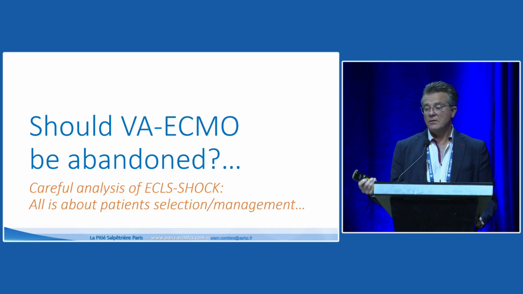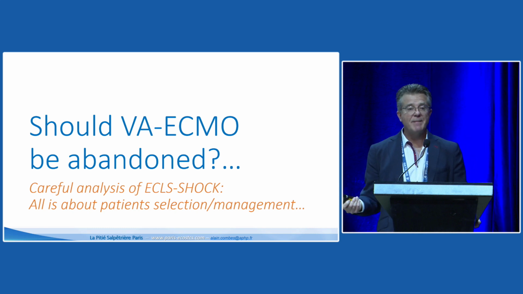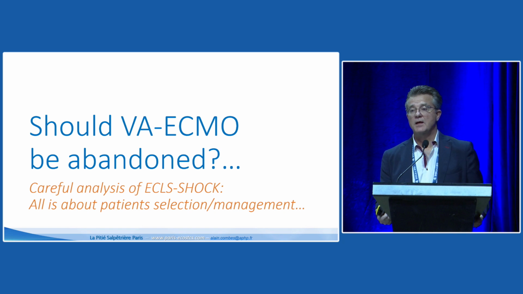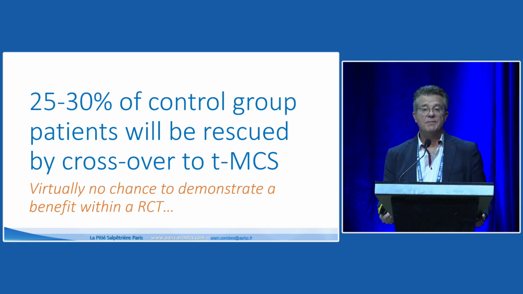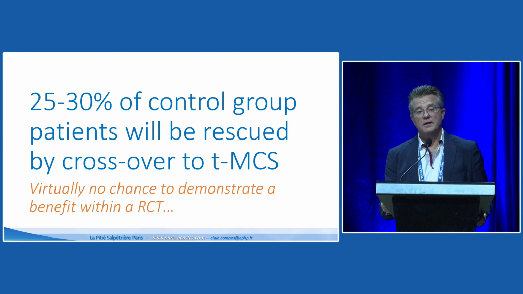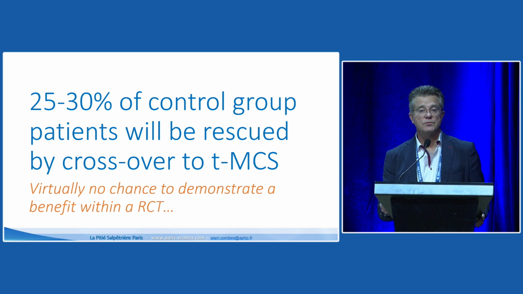But once again, should we abandon ECMO for the care of patients who have acute MI cardiogenic shock? We need to always interpret the results of these studies in the context of the patients who were randomized and in the management of the patient. This study ended up with a rate of crossover to a device, whether it is the Impella or the ECMO, close to 1/3 of the patients.